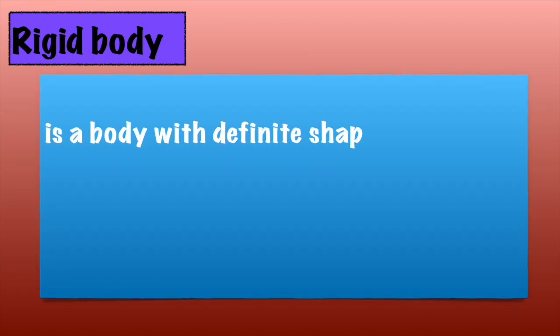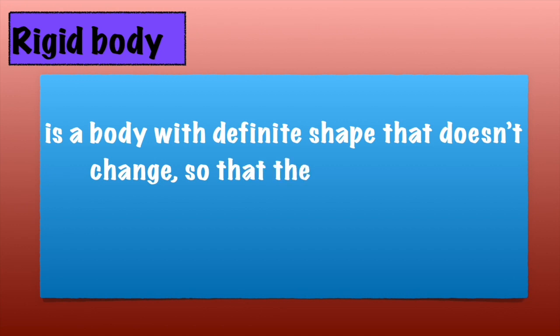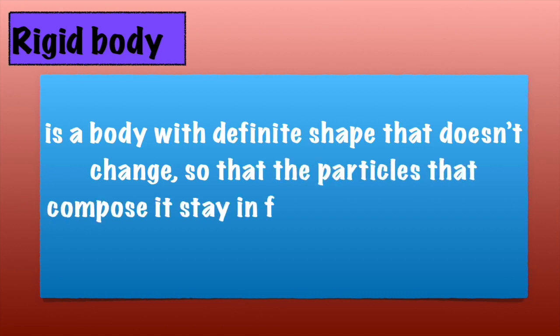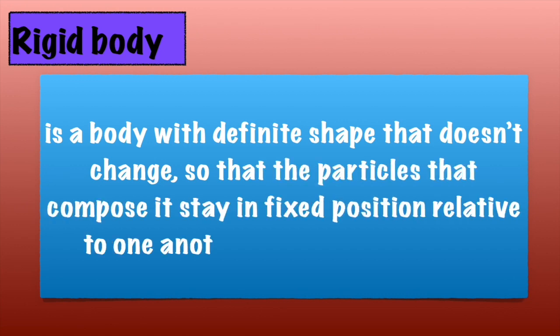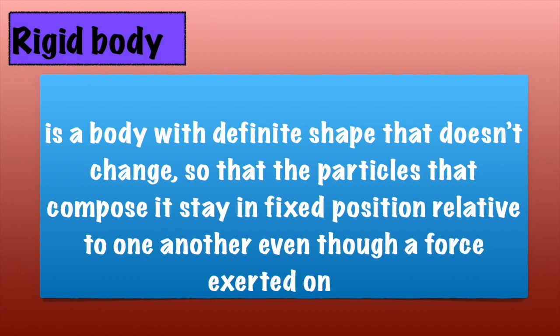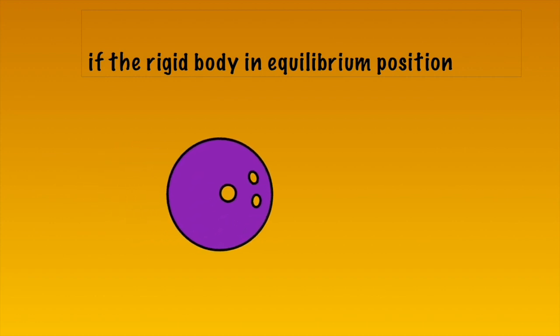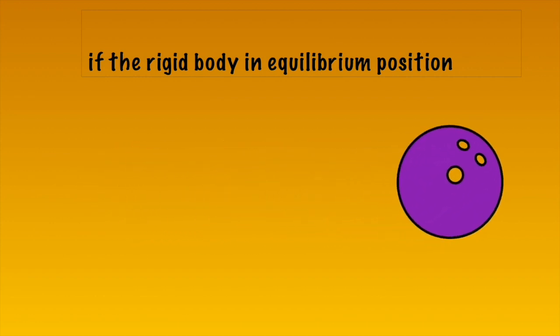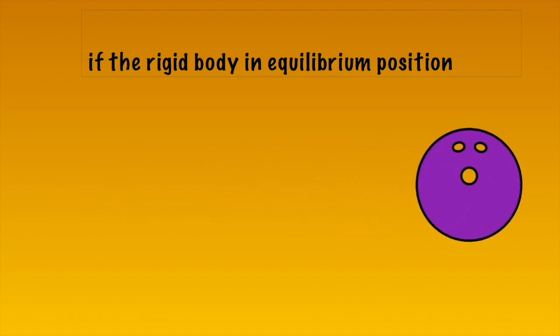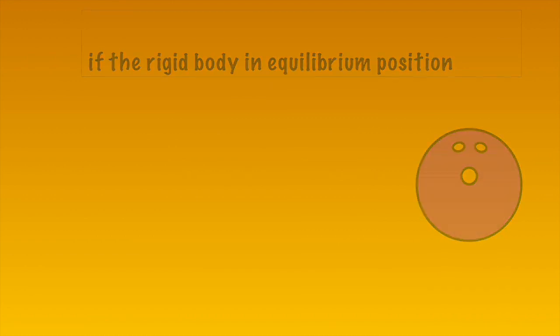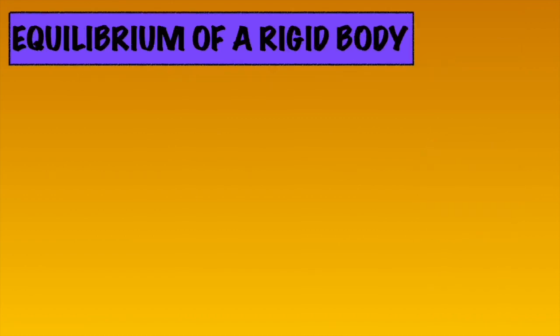A rigid body is a body with definite shape that doesn't change, so that the particles that compose it stay in fixed position relative to one another even though a force is exerted on it. If the body is in equilibrium, it means the body is in translational and rotational equilibrium. We will learn about equilibrium of a rigid body.